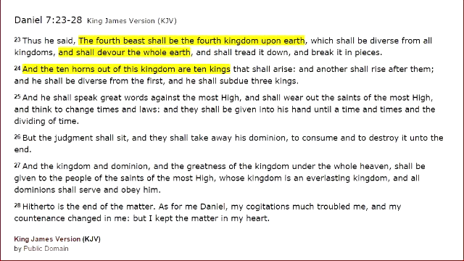And the 10 horns out of this kingdom are 10 kings that shall arise, and another shall rise after them, and he shall be diverse from the first, and he shall subdue 3 kings." So this is the little horn it's talking about. The little horn shall rise after the 10 horns of the beast, and this little horn will subdue 3 kings.